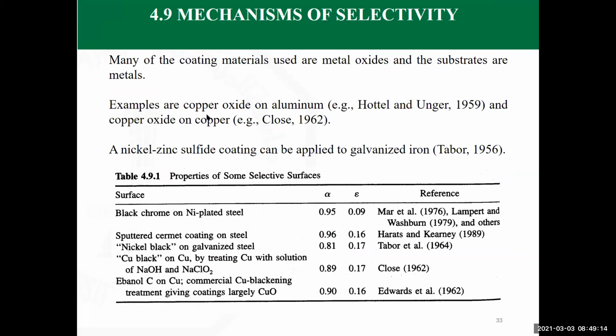Copper oxide can be coated on aluminum, and copper oxide can be coated on copper.